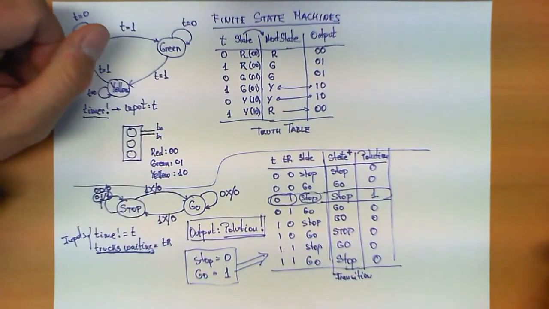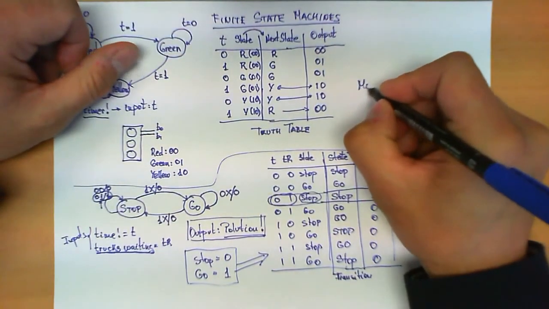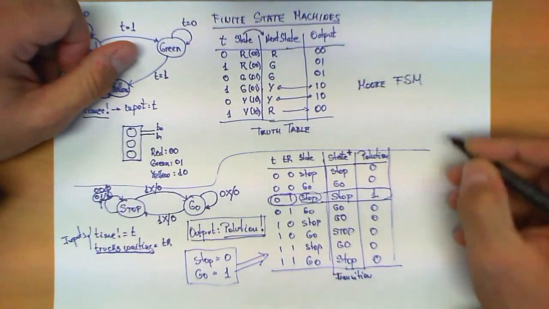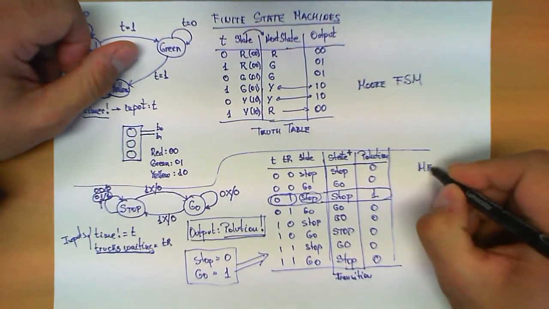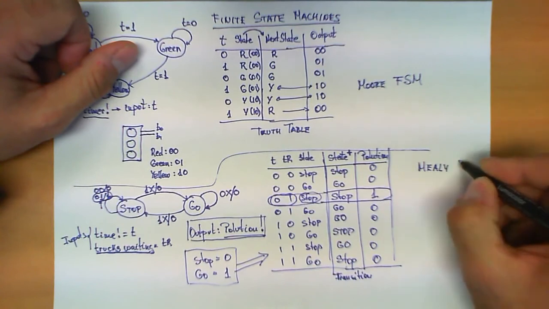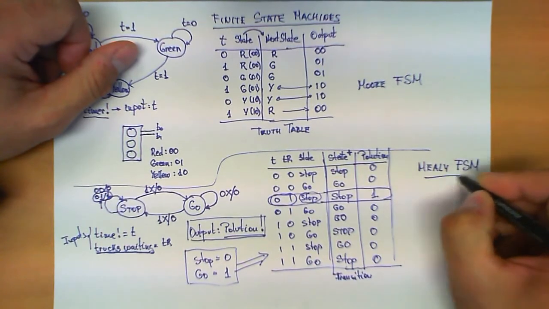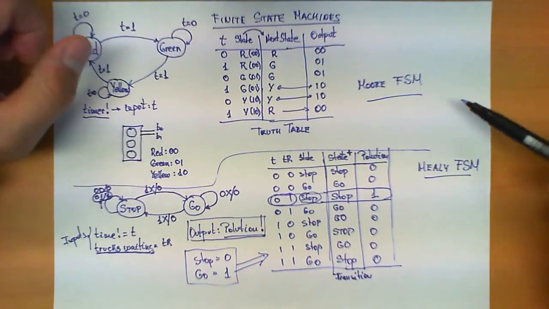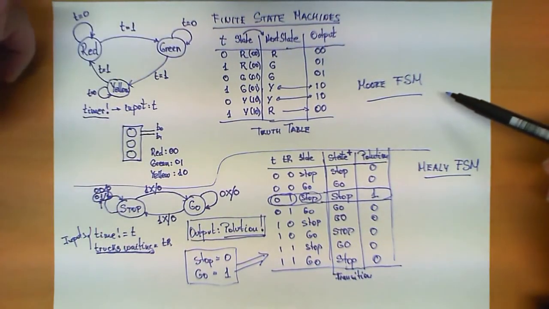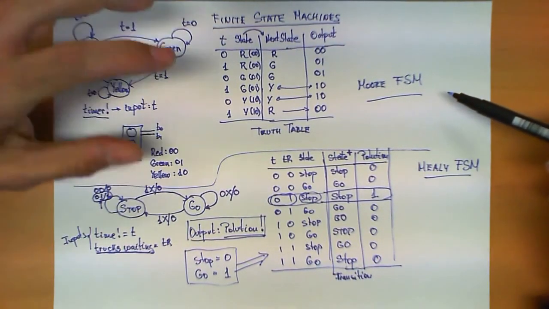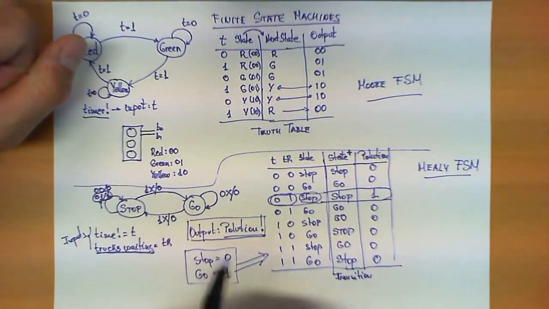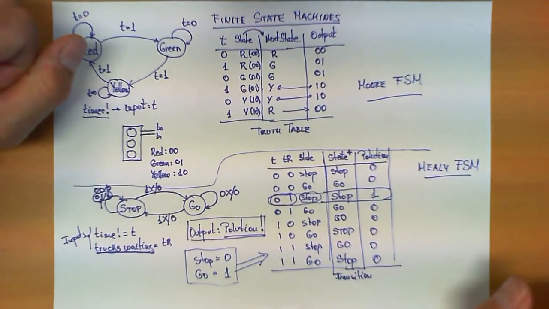These two types of machines have different names. This type over here is what is called a Moore finite state machine, and the type down here is called a Mealy finite state machine. And as you can see, for some cases a Moore machine offers you a much more intuitive implementation of a system, whereas a Mealy machine offers you a more intuitive implementation for some other scenarios.